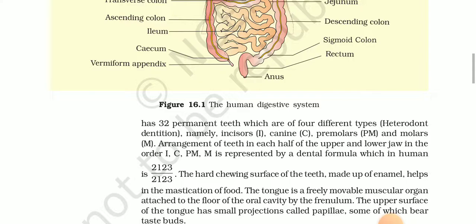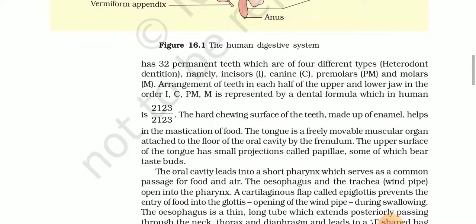The hard chewing surface of the teeth made up of enamel helps in the mastication of food. So the surface of teeth is made up of a substance called enamel, a very hard substance that helps in the mastication of food.